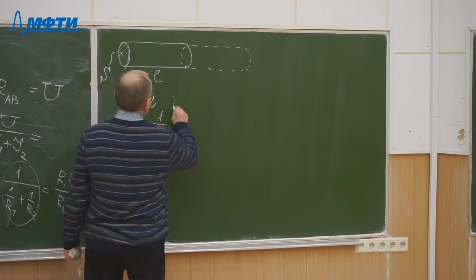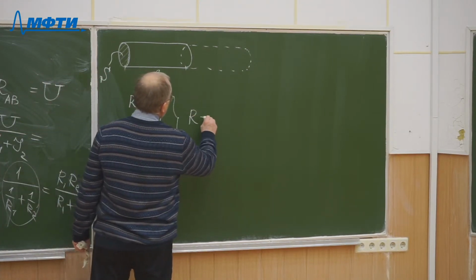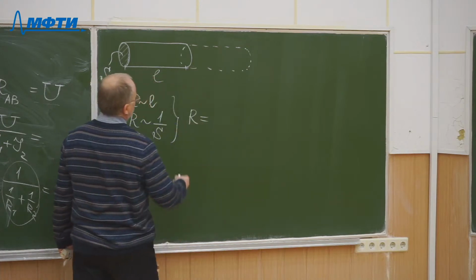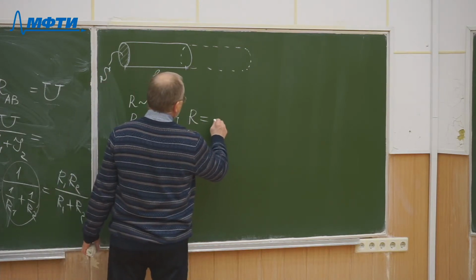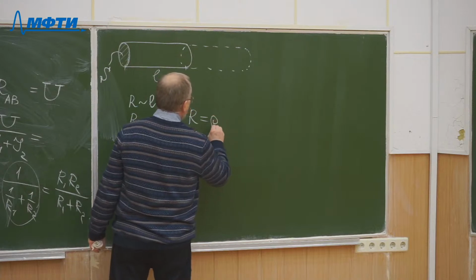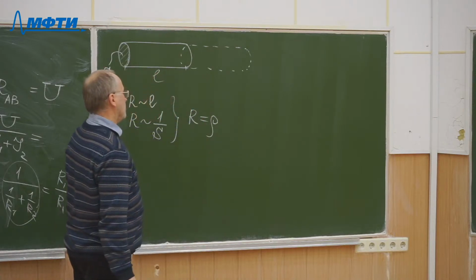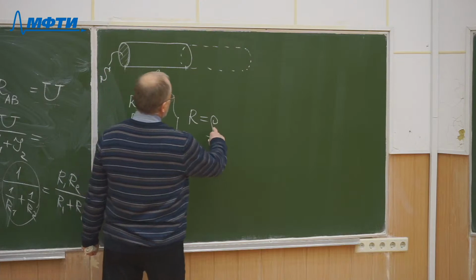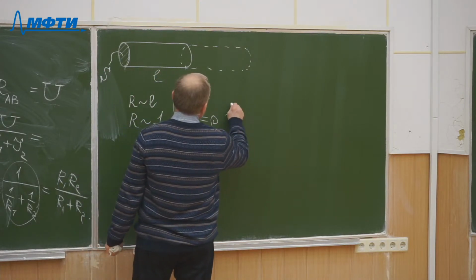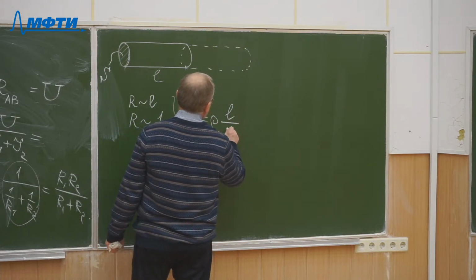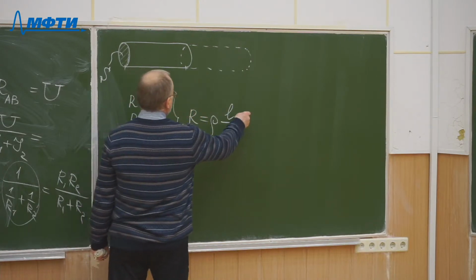In this case, we may conclude that the total resistance of wire is equal to some coefficient, which I will denote by the Greek letter rho, directly proportional to the length of the wire and inversely proportional to the cross section of the wire.